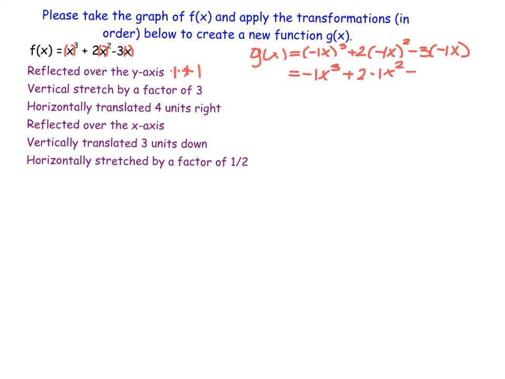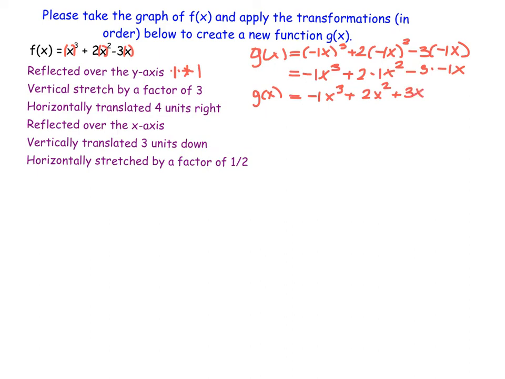Minus 3 times negative 1x. So after this first transformation, g of x is negative 1x cubed plus 2x squared, and then I have a negative 3 times a negative 1, so that becomes plus 3x.